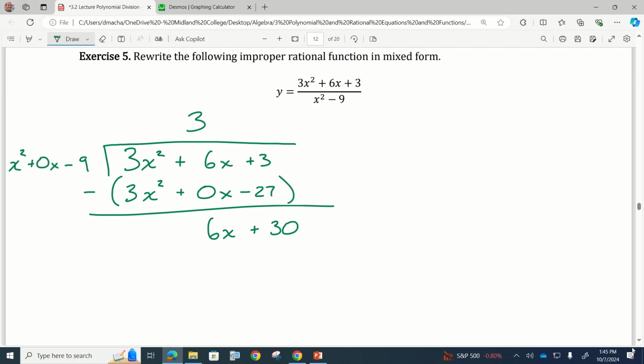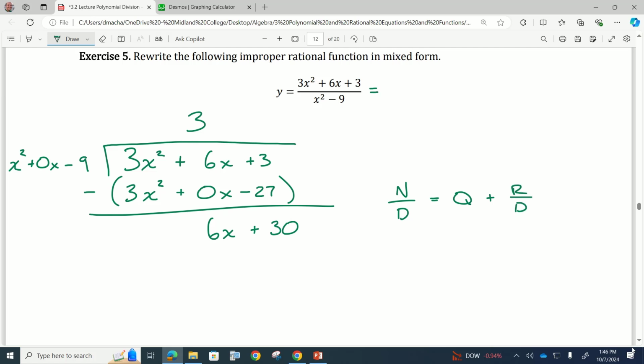And we stop. I know that I'm supposed to stop because the degree of my remainder is less than the degree of my denominator. The remainder has degree 1, but the denominator has a degree of 2, so I can stop right here. And I write my answer using that old formula, quotient plus remainder over denominator.